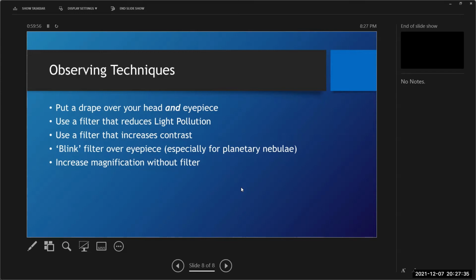So the physical processes that cause these emissions sort of define somewhat the class of object and therefore the type of filter. If you go out on the observing field, you're probably not going to find anybody using an oxygen 3 filter looking for galaxies because it doesn't make sense. But if you try it a time or two, you'll find out it doesn't work. So here again, you just need to try various things.